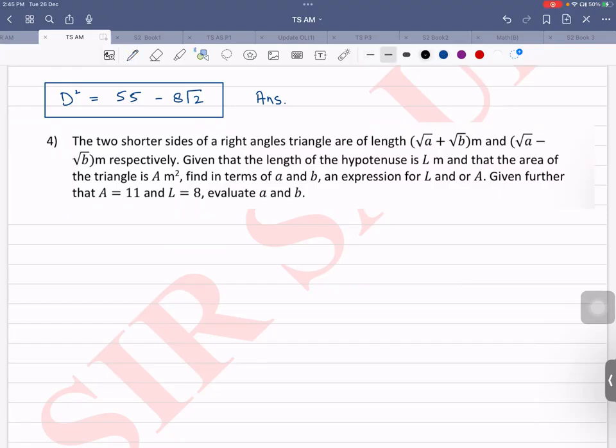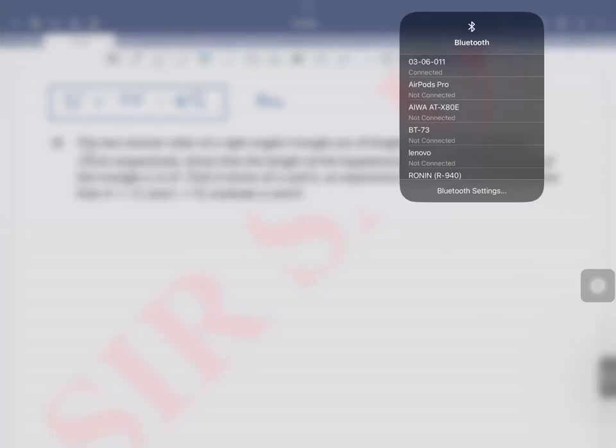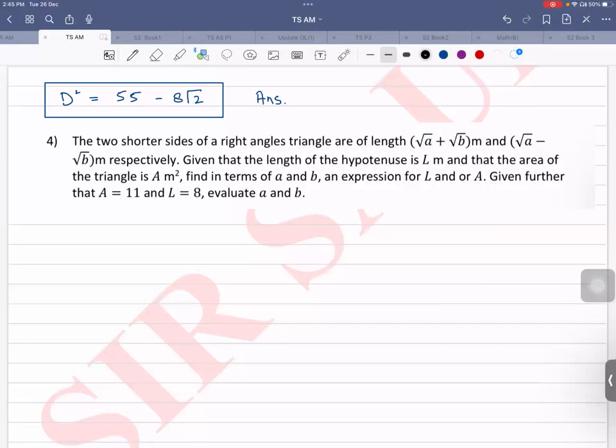Let's draw the diagram. So we have to draw a right angle triangle.